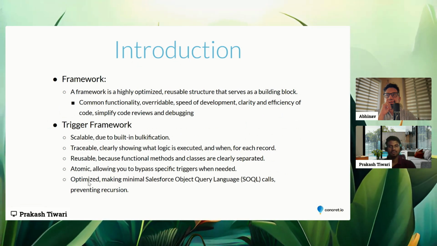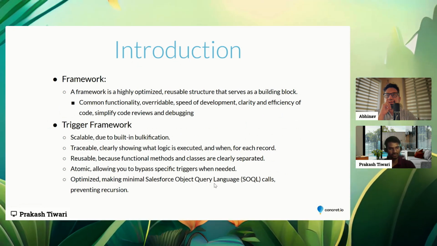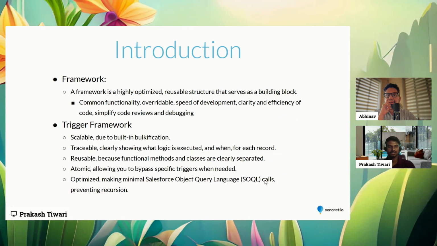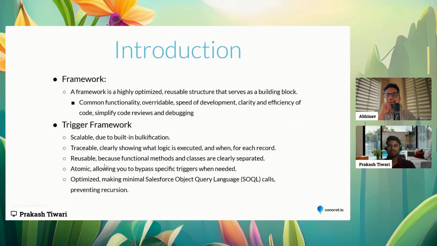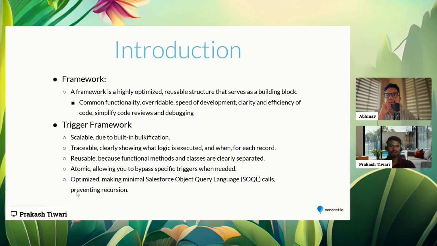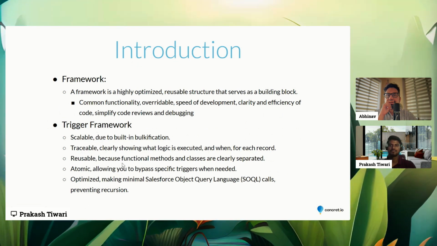So we have to make sure this trigger framework is not going to consume more SOQL limit and more governor limit. And the other thing is that the framework should be capable of having a prevention technique for recursions.